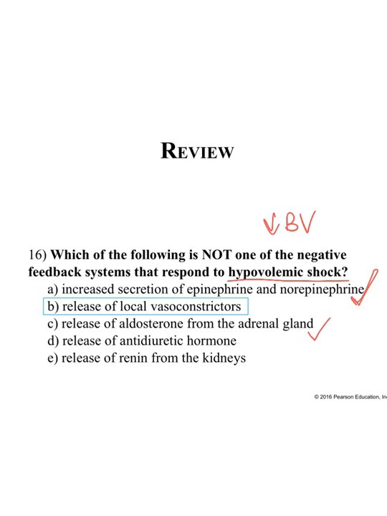That will help increase blood volume because it increases sodium retention. We're going to increase the amount of ADH, increasing water retention. And the hormone that actually will trigger the release of aldosterone and ADH is renin from the kidneys. Remember, they release renin when blood volume is too low. So the one that doesn't work is release of local vasoconstrictors.